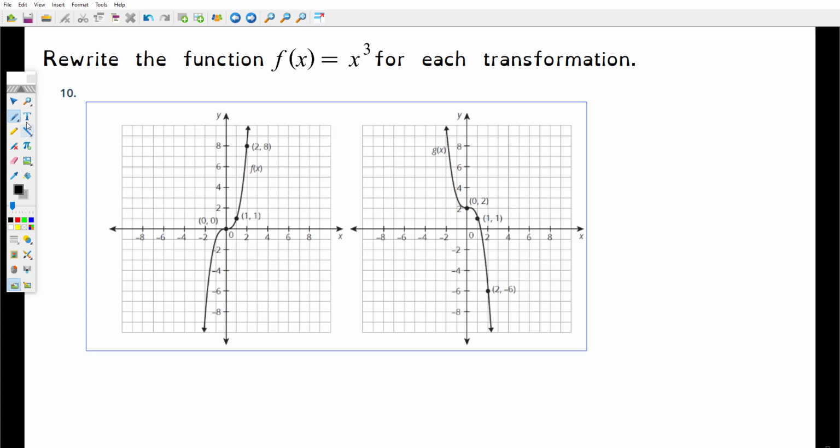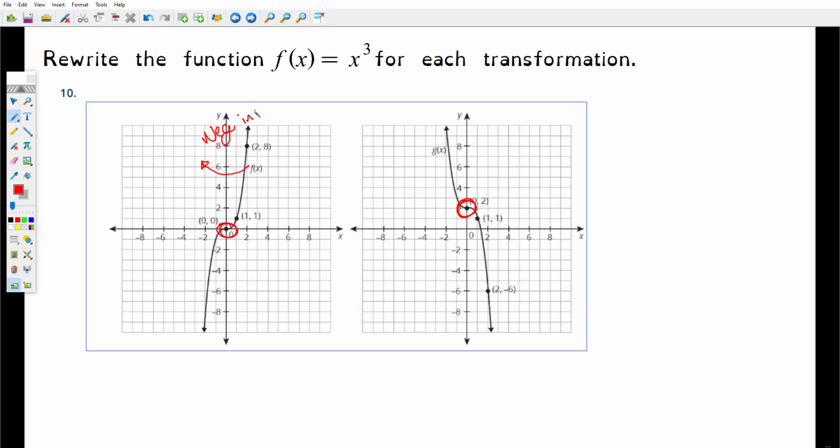Now we're going to take these functions and look at them. First off, you need to find that curve point, and that's what you're going to be matching to. I see this as a reflection across the y, and some of you may have seen it as a reflection across the x, and that's okay. The negative will be just in a different spot.